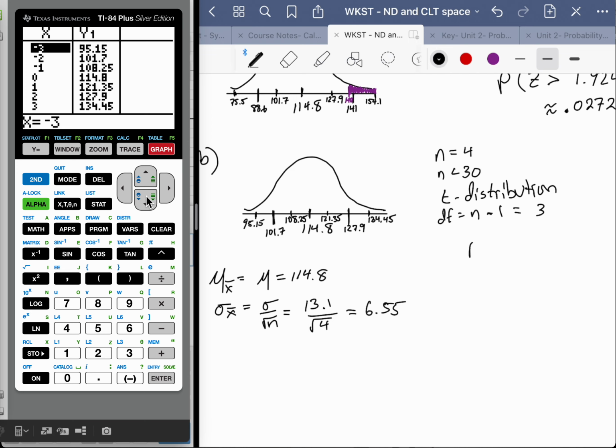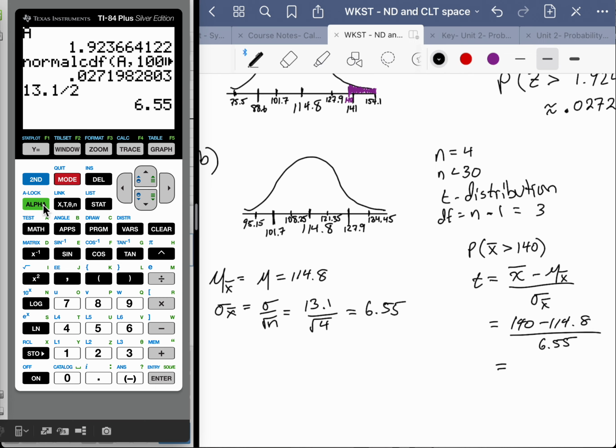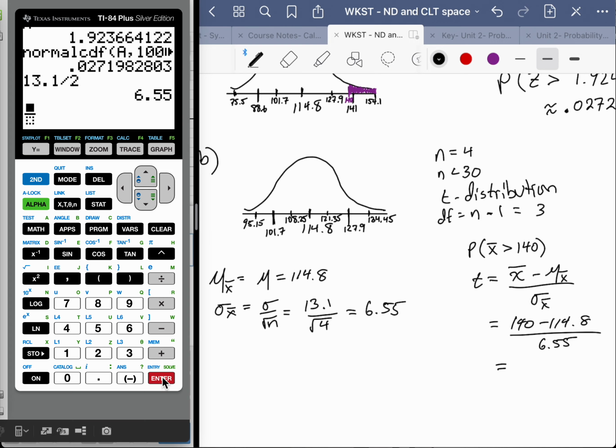So we need the probability that x bar is going to be greater than 140. That's going to correspond to a t-score, because it's a t-distribution. Same formula, though: x bar minus mu sub x bar over sigma sub x bar. 140 minus 114.8 over 6.55.